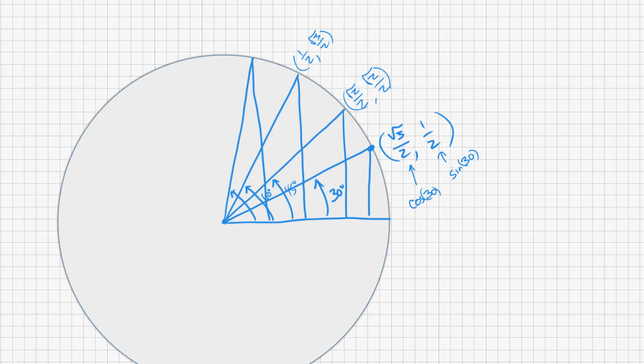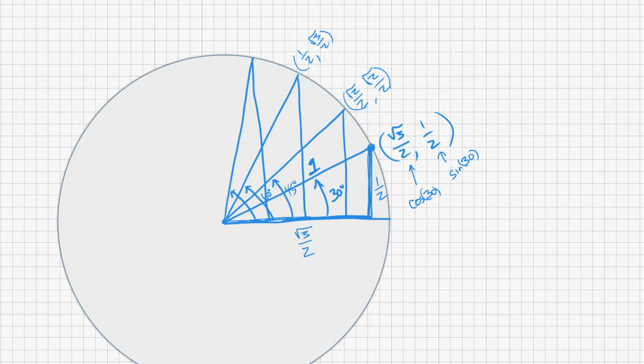What does that even mean? In this case, these are sides of a triangle. This is the y value, so this is 1/2 tall, and this is the x value, root 3 over 2, for a triangle whose hypotenuse is 1. So that's where this all comes from.